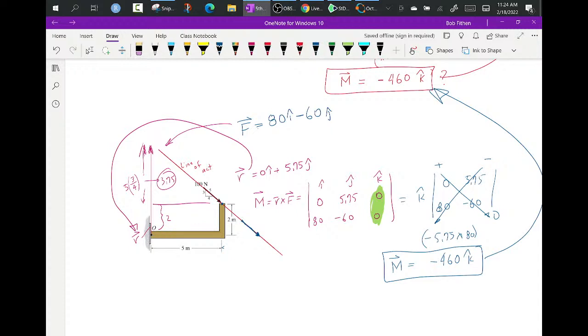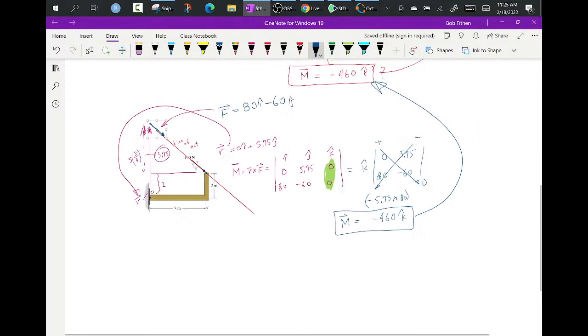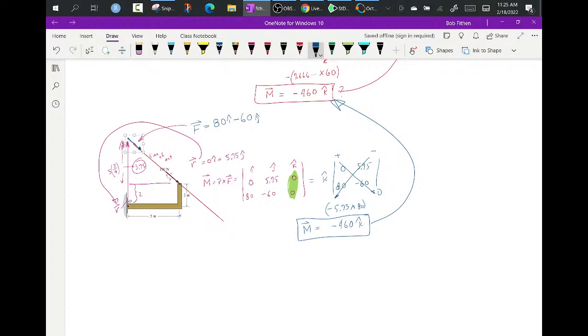Turns out it still comes up with minus 460K. So the point is, I can move this force anywhere. I put it right there in this example, but I can move it anywhere. It will still come up with the same answer. So if you see an opportunity to find a location that is more convenient for quickly calculating things, then yeah, go for that.